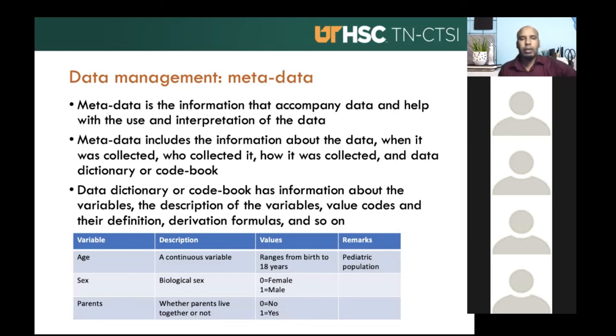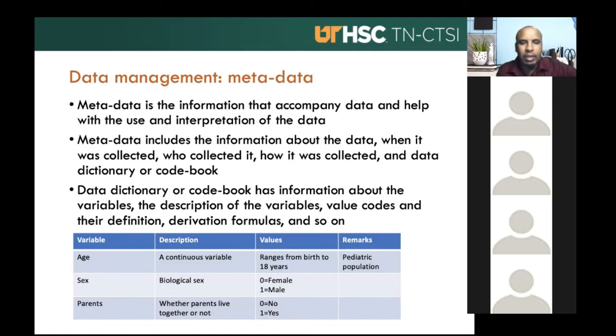So we can include, and we should keep adding, all the variables that are included in your data set, and make sure that the data dictionary is kept along with the data when the data are stored as well.